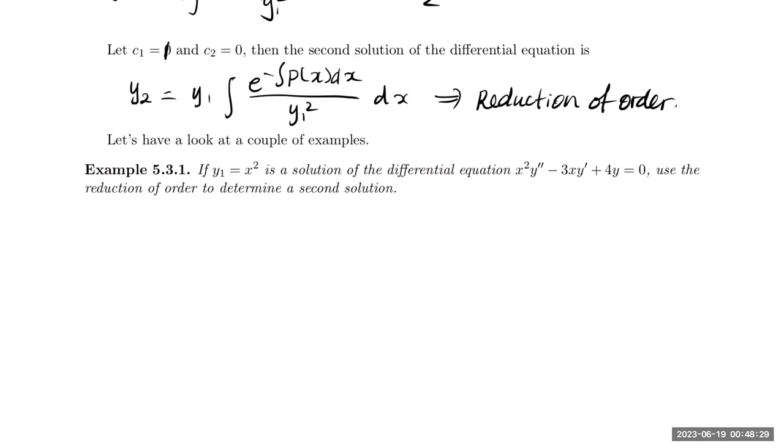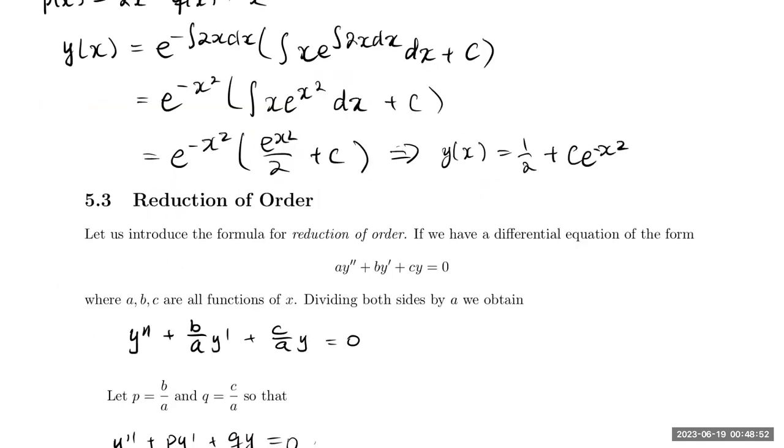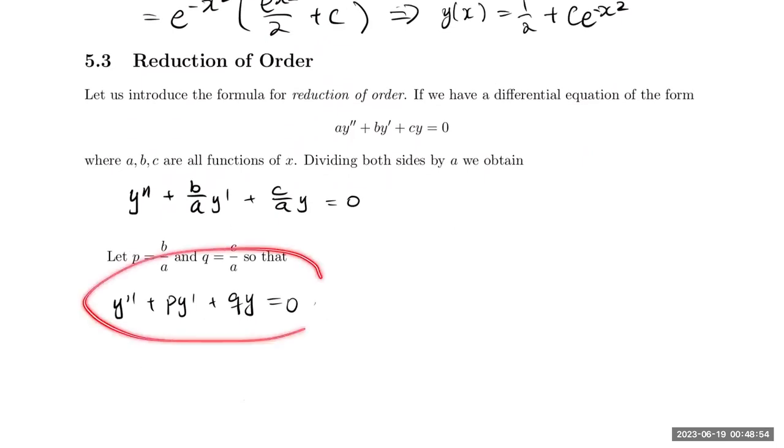So if y1, which is x squared, is the solution of the differential equation x squared y double prime minus 3x y prime plus 4y equal to 0, let's use the reduction of order formula to find the second solution. Remember that the reduction of order formula only works whenever we have the standard form.